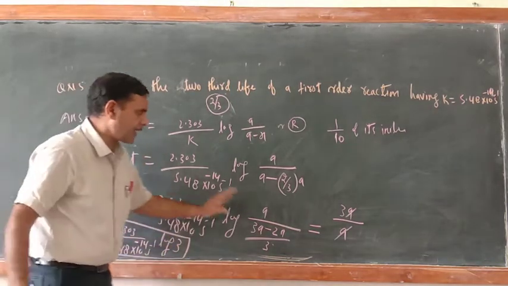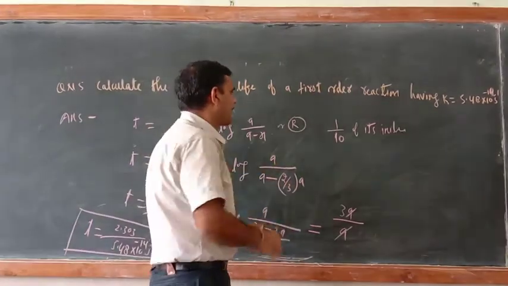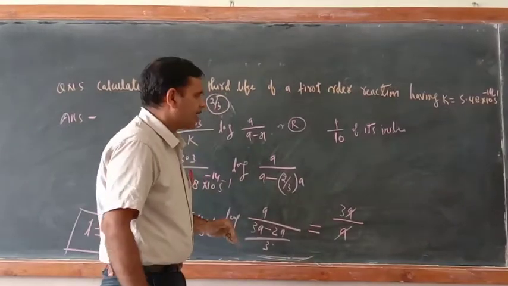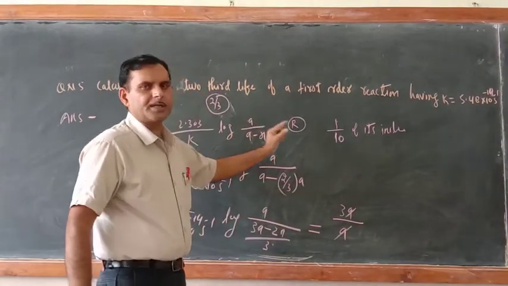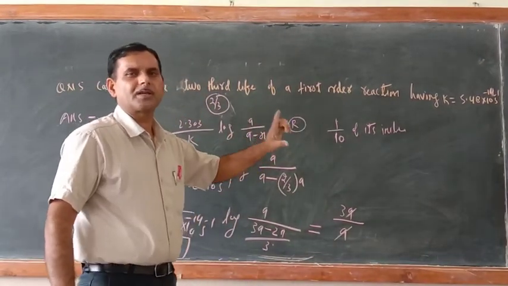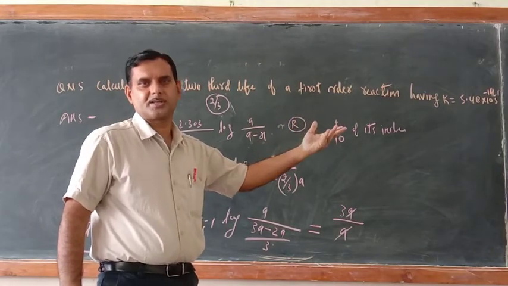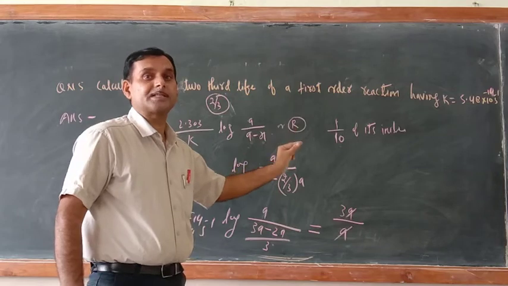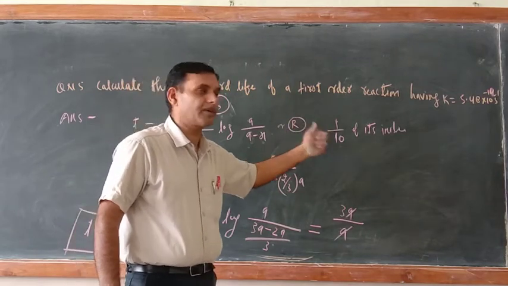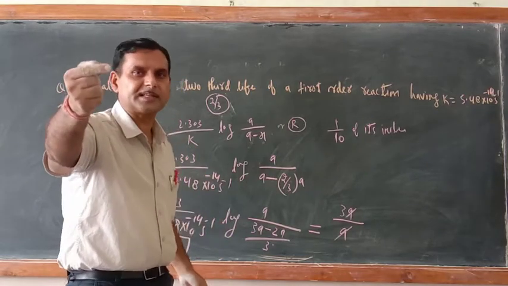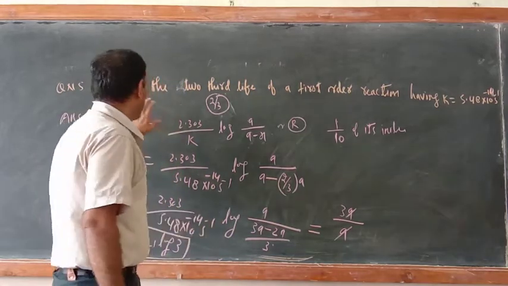Now try to understand. Why did I not solve 1 by 10 in the same way? The reason is, if you read the first question carefully, what was written? 1 by 10th of its initial concentration, meaning in the question itself, the a minus x value is given. There is no need, as the words initial concentration are mentioned. And here what is mentioned?